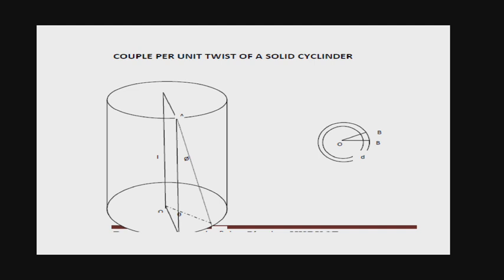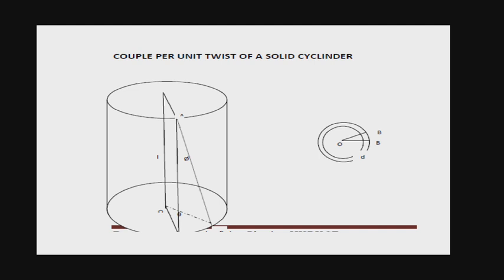Imagine the cylinder to be made of a large number of coaxial cylinders of increasing radius. Consider a cylinder of radius x and thickness dx. For a given couple, the displacement at its rim is maximum.